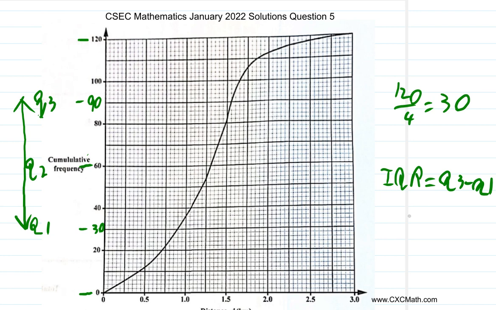So in this case, Q3 is 90 minus Q1 is 30. So 90 minus 30 is equal to 60. 60 students. So that is the interquartile range for the cumulative frequency curve.